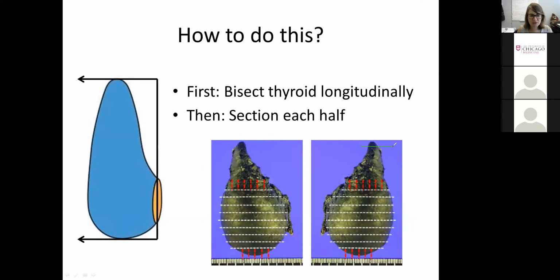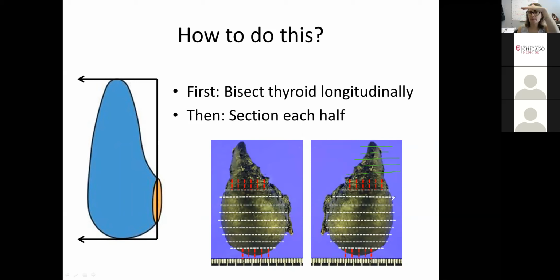They forgot to section the normal thyroid up here, which I would still do perpendicular to the long axis. But then you would do the top of this nodule, change your direction, right? And then do the bottom of the nodule. And this allows you to see all edges in a perpendicular fashion. Does this make sense?